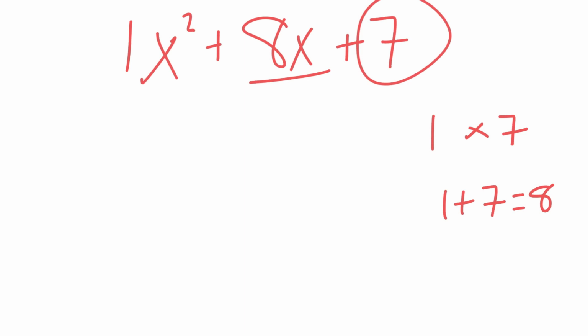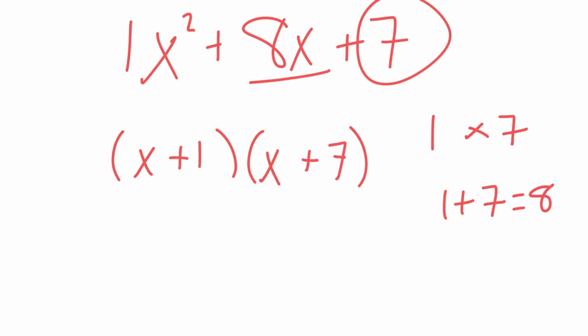So once I satisfy those two conditions, I can then just write my factors out. There's always going to be the squared variable, so we're going to put an x in each of these boxes, and then because it was a positive 1 and a positive 7, I'm going to write plus 1 in the first and plus 7 in the second. Now, for this, order doesn't matter.